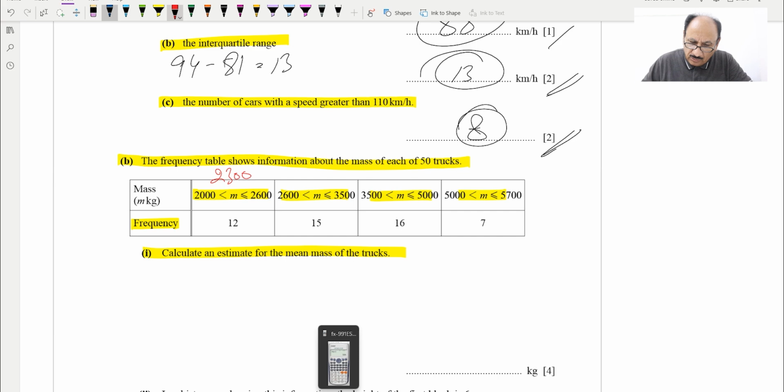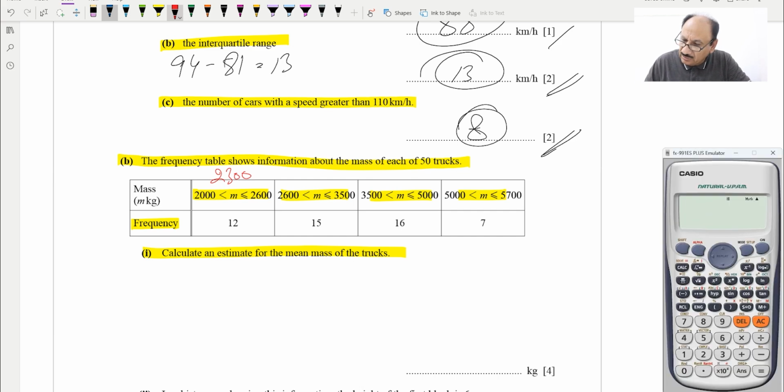and then we need to calculate 2600 plus 3500, and this will be divided by 2 and we will get 3050.